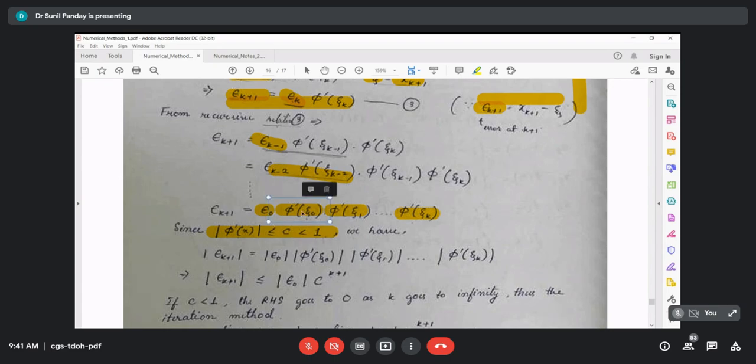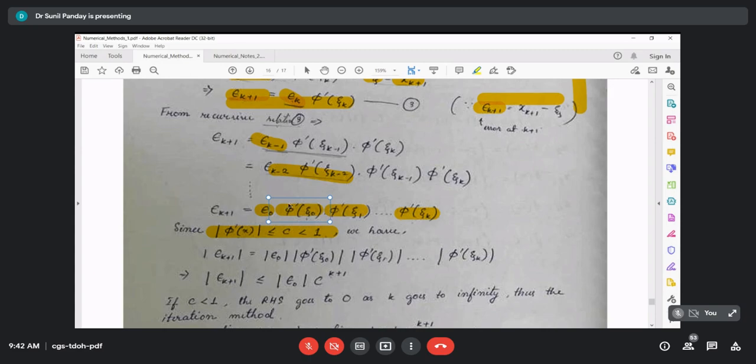Because xi_0 up to xi_k are all selected within the interval, if x_0 is chosen in the interval a to b, then all of them belong to the interval a to b.